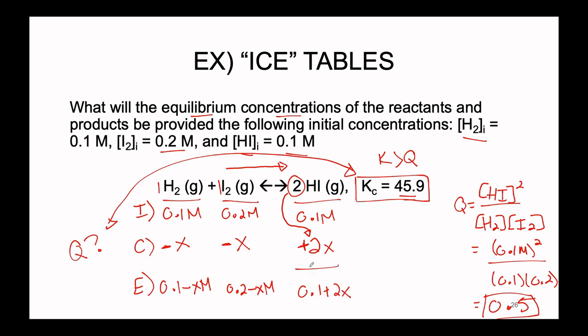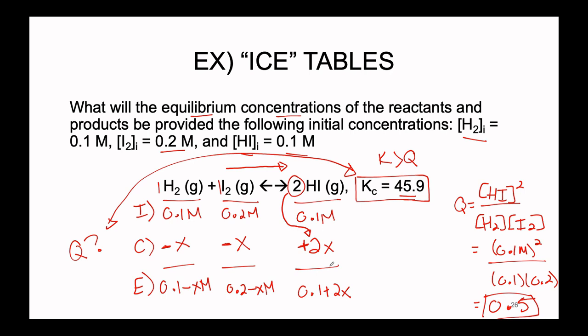So all I've done is added up each of these columns where 0.1 minus X gives us this equilibrium concentration for the H2. The 0.2, our initial condition, minus the change of X is going to give us the 0.2 minus X, and our 0.1 molar plus 2X gives us this 0.1 plus 2X down below. Now, at first glance, it would appear as though, okay, well, what do I do with this information?